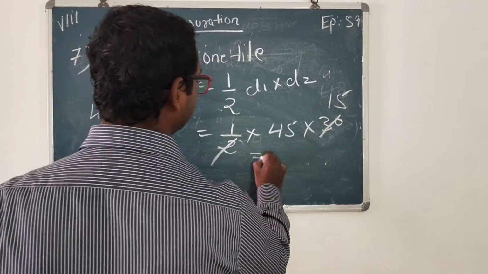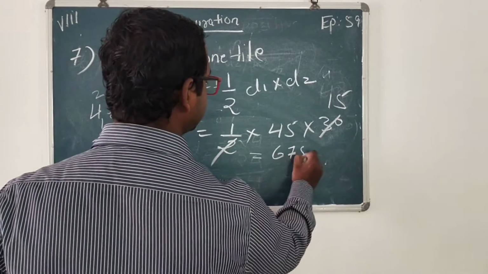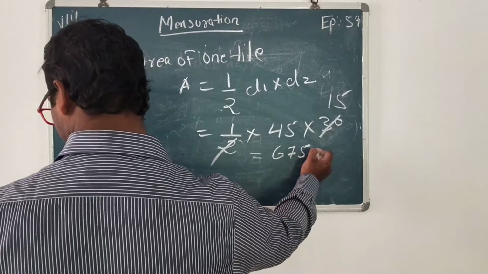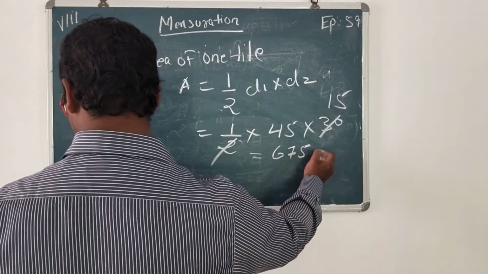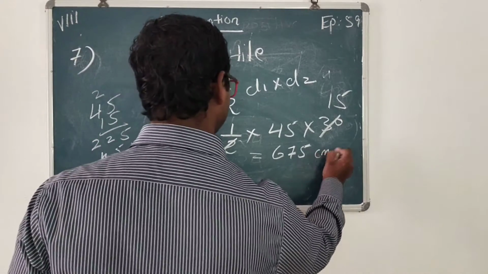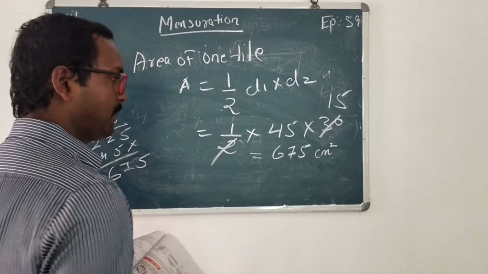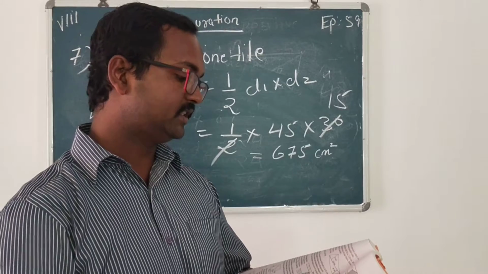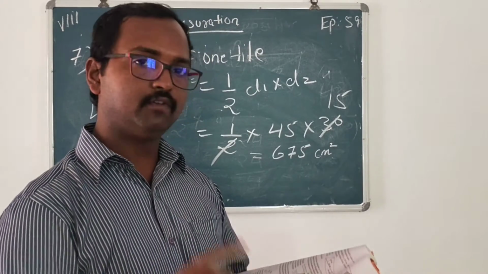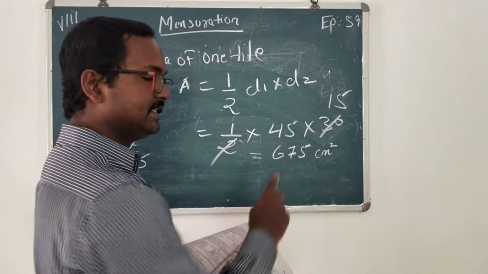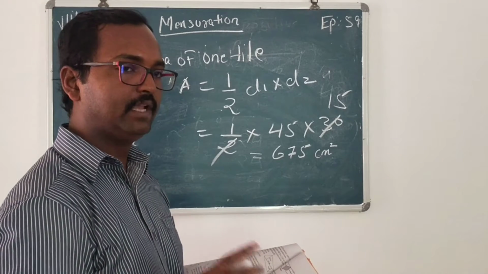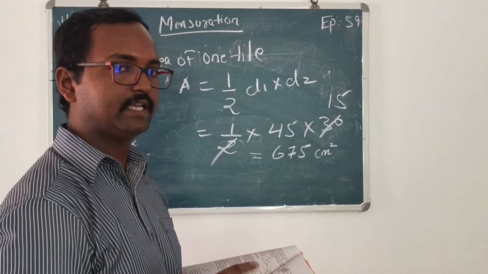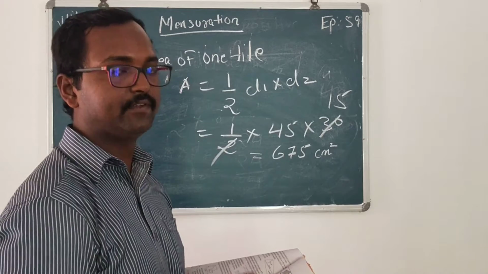So the area of one tile is 675 centimeter square. This is the area of one tile. Now we are talking about 3000 tiles. So if the area of one tile is 675 centimeter square, then we have to find area of 3000 tiles, which is 3000 into 675.